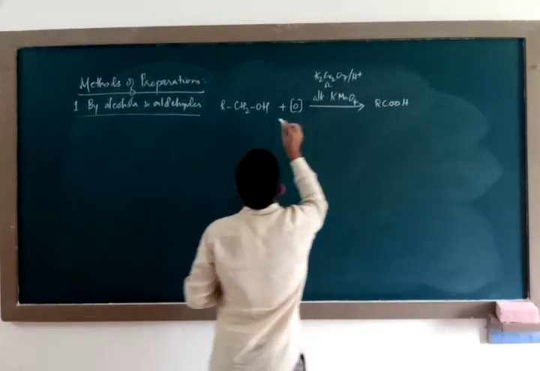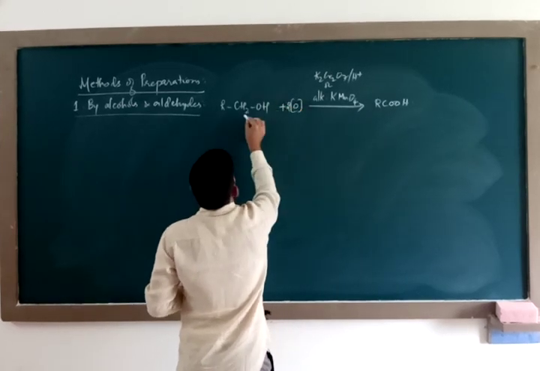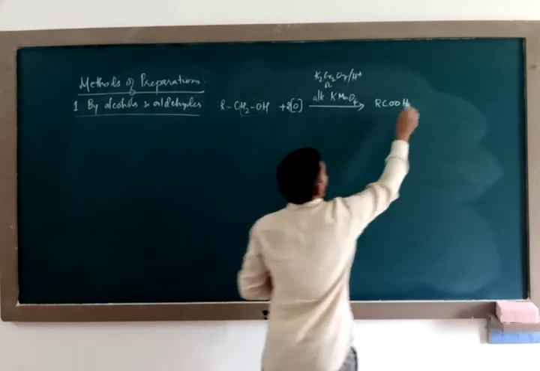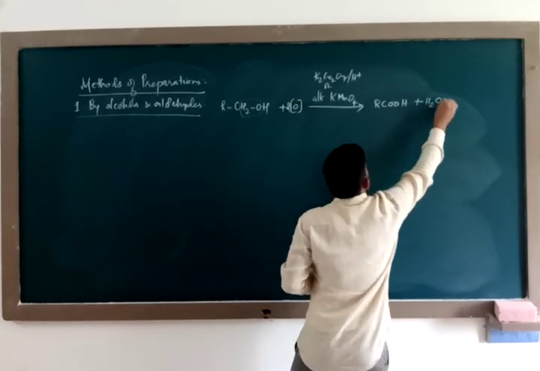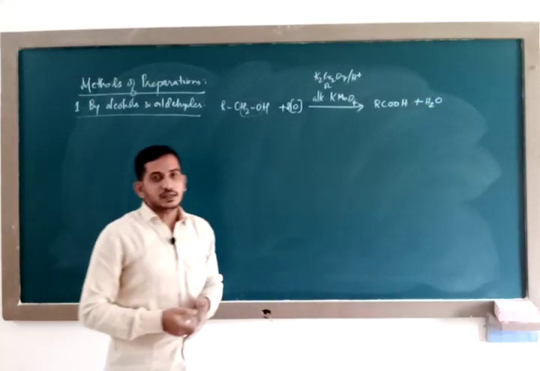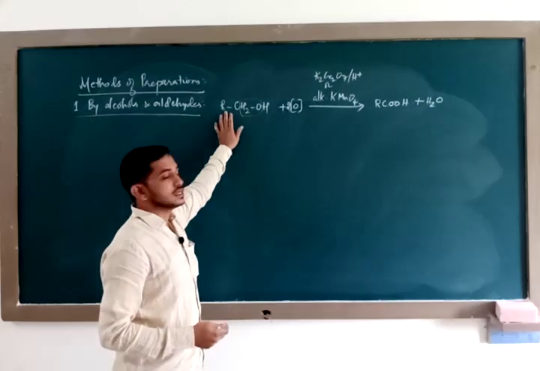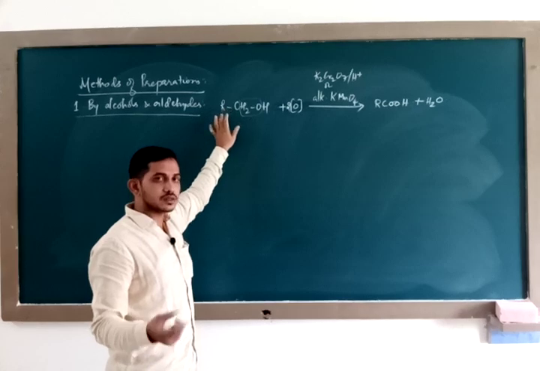Now for this reaction to happen, you add 2 oxygen and eliminate water. Introduce these 2 oxygens inside. So you will have carboxylic acid and water.